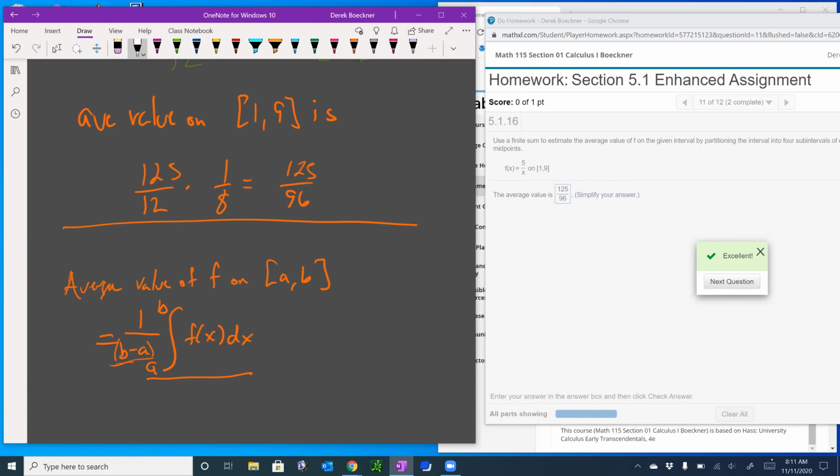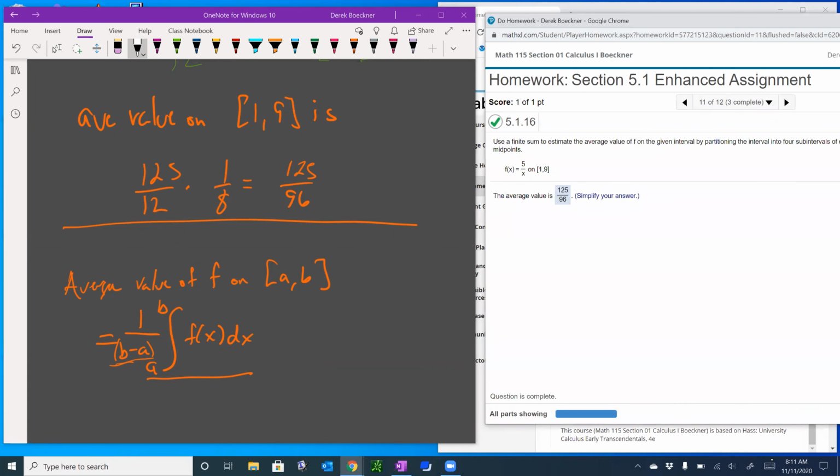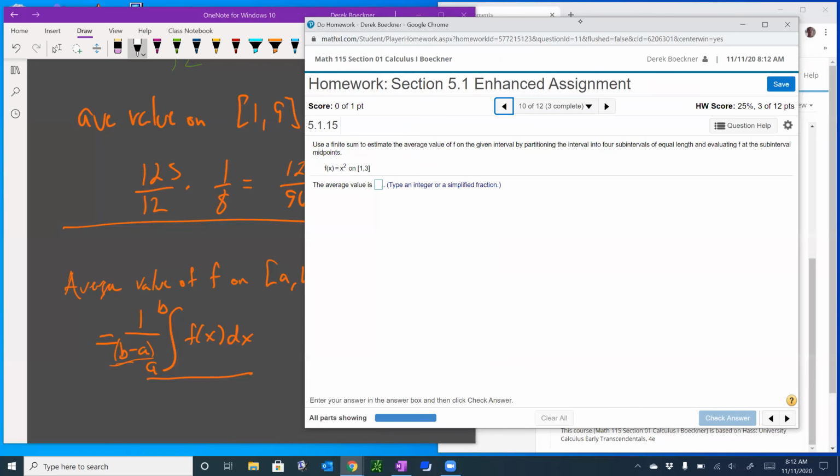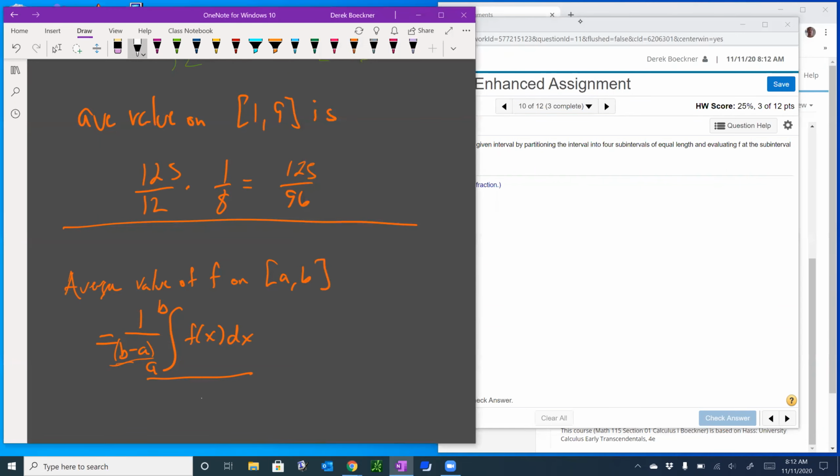Number 10. So we're doing the average value thing again. Okay.